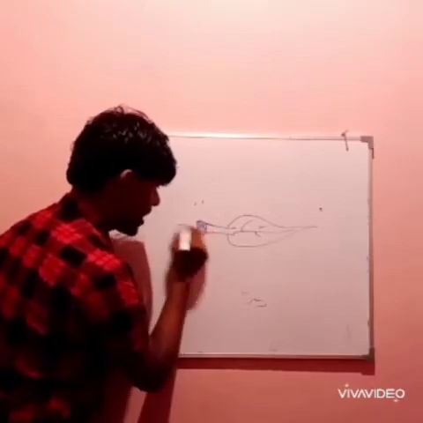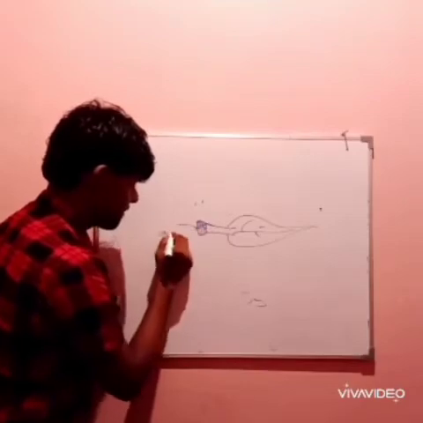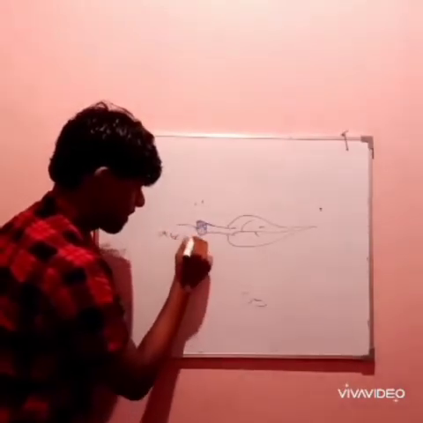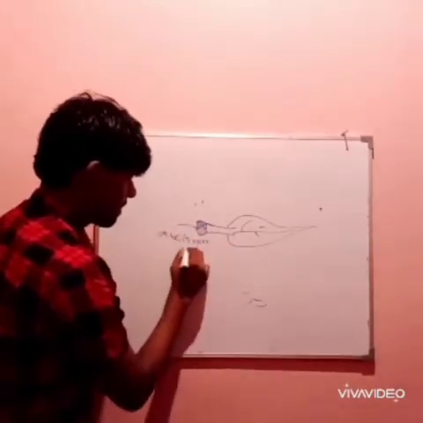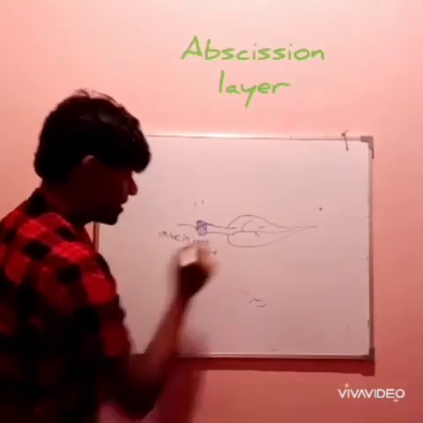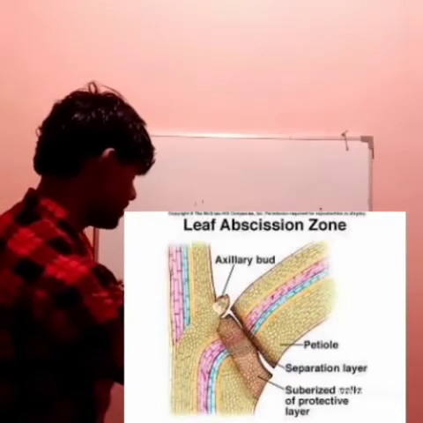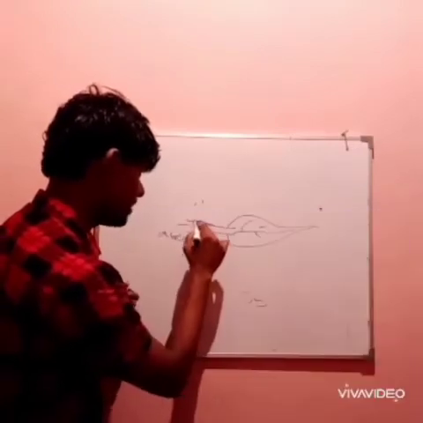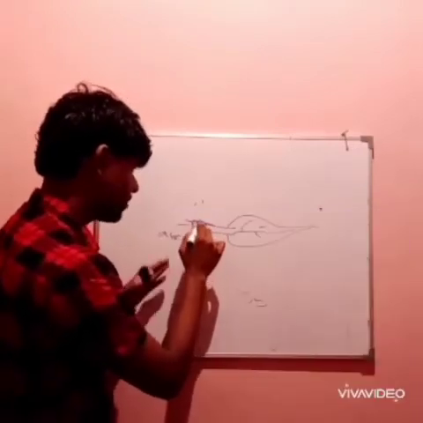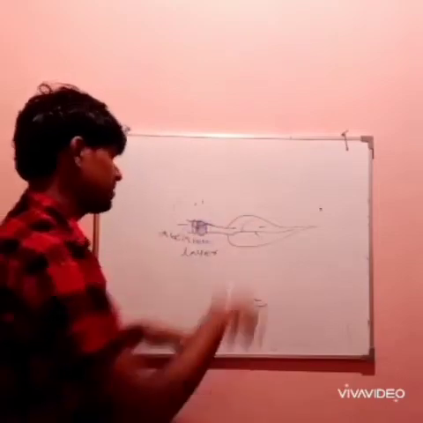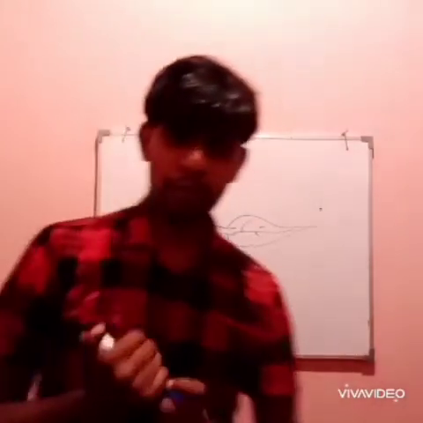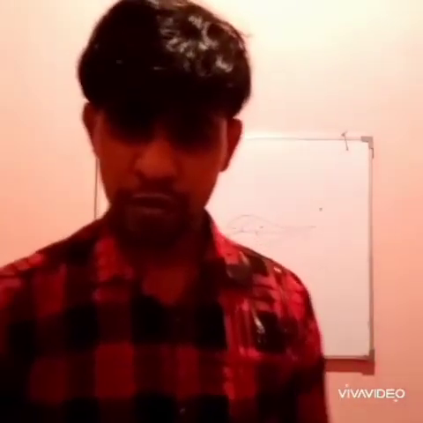This is known as an abscission layer. What is an abscission layer? This dead layer can separate the bond of the leaf to the plant, then it will fall down, even for a fruit. This is also regulated by these growth factors.